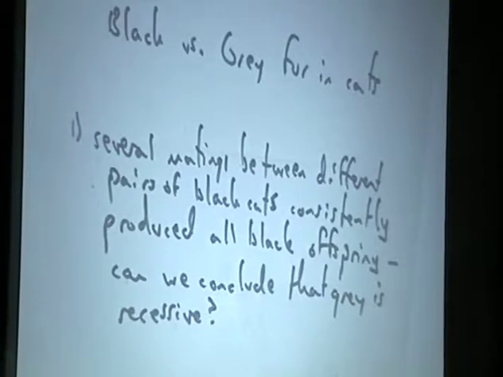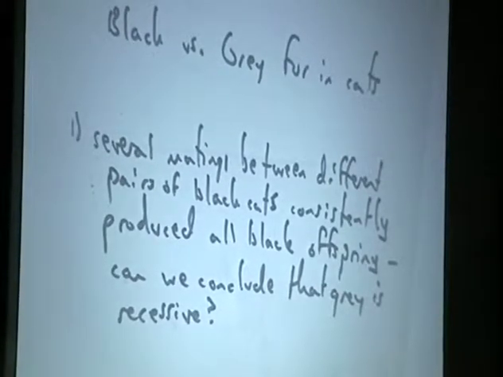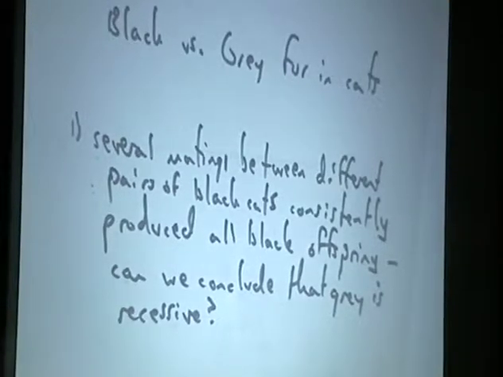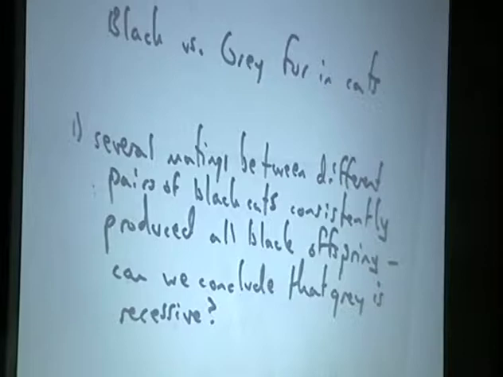Let's say that we went out into the population, we got 100 black cats. We did 100 different matings randomly between black cats in that population. We didn't take any of the gray cats in the population. And we see that they consistently produce all black offspring.